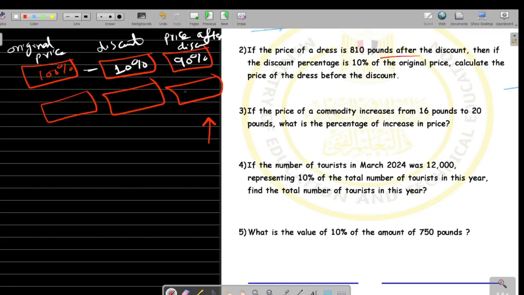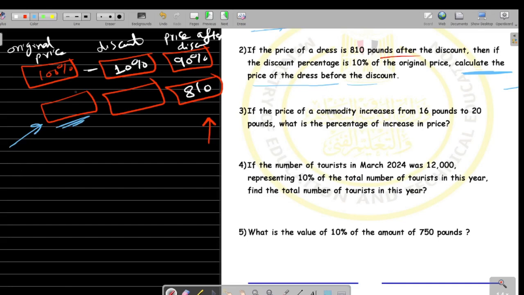They paid 810 pounds. What is the question here? Calculate the price of the dress before the discount. Before the discount means he wants to know the original price.